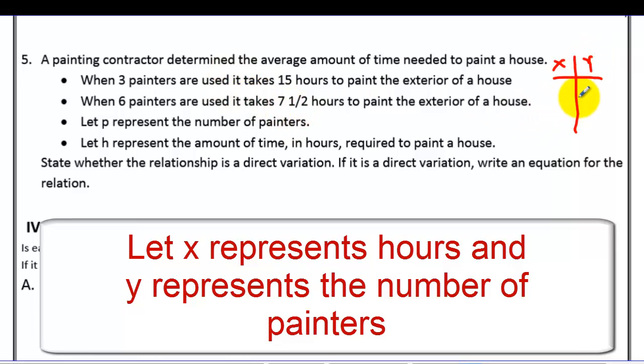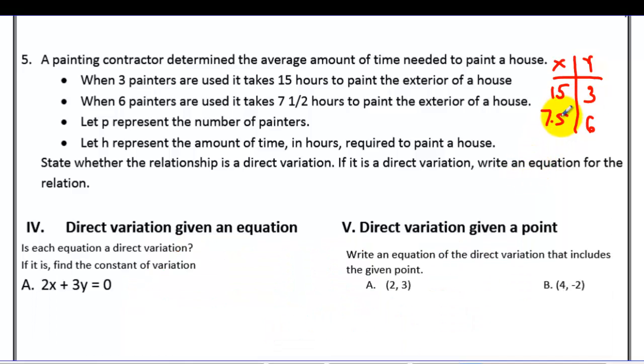So if we have 3 painters, it takes 15 hours. If we have 6 painters, we have 7.5 hours. We can check if we have a direct variation by using the formula y divided by x. If we have the same constant of variation, then this relation is a direct variation.